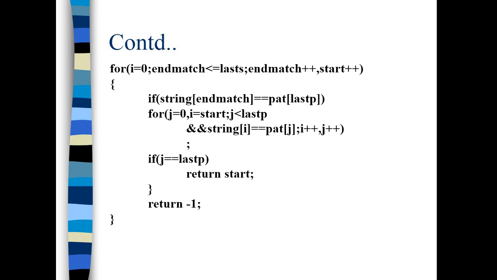If both are equal, and j reaches the last character, it means that the pattern is matched. It will return the location from which it matched, otherwise it will return false.